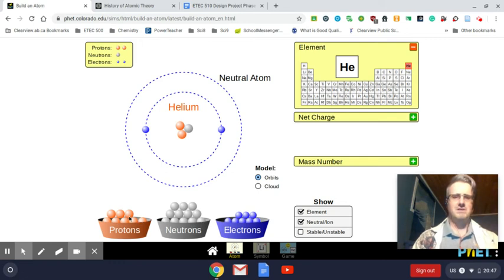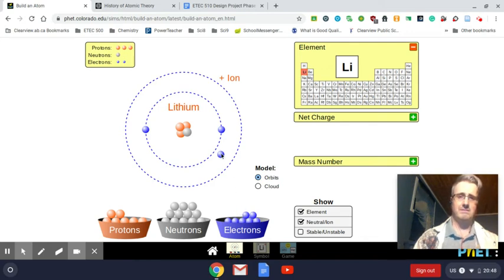As you see here, I'm adding some protons, and as I do that, I am changing the composition of this atom, going from what was originally a hydrogen atom to a lithium ion. Okay, so I'm adding some electrons here to neutralize my protons, and I can change the mass by adding some neutrons.